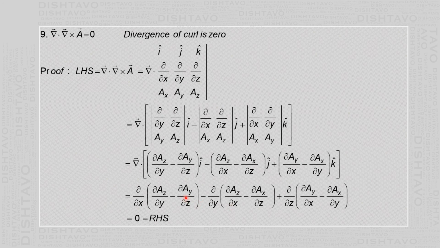Similarly, the second term, ∂²Ay/∂x∂z, cancels with the fifth term, ∂²Ay/∂z∂x. Then this fourth term, ∂²Ax/∂y∂z, cancels with the sixth term, which is ∂²Ax/∂z∂y. And the result is 0, which is the right hand side.